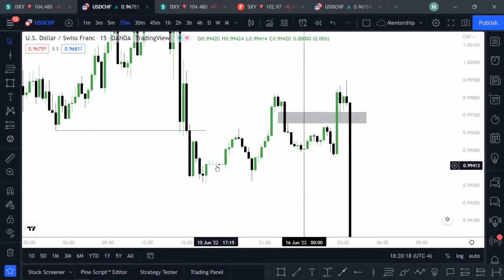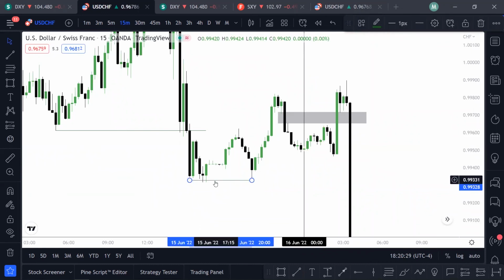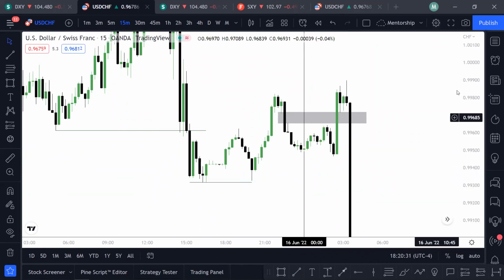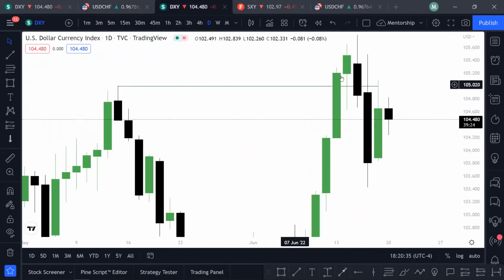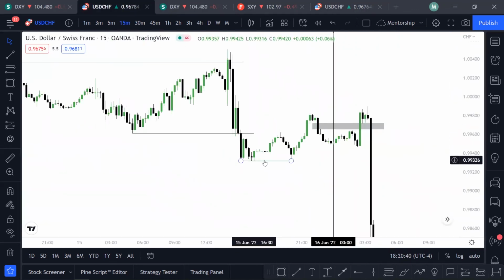Price opened here, traded below relative equal lows here, which is not a big deal because we all know, if you saw this yesterday and you already know what happened here, I don't think that you'll be buying here.